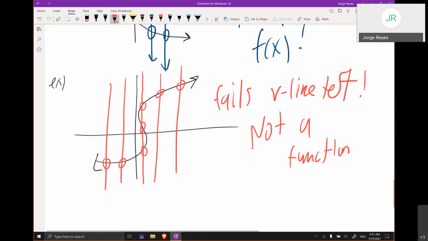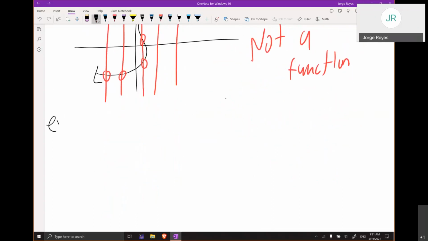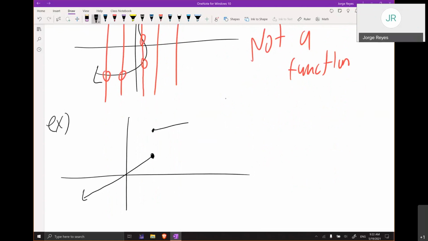Okay, so this leads to this very famous trick question. Remember piecewise functions? So this is what happens when you have a piecewise function where your rules over here both have equal to bars.